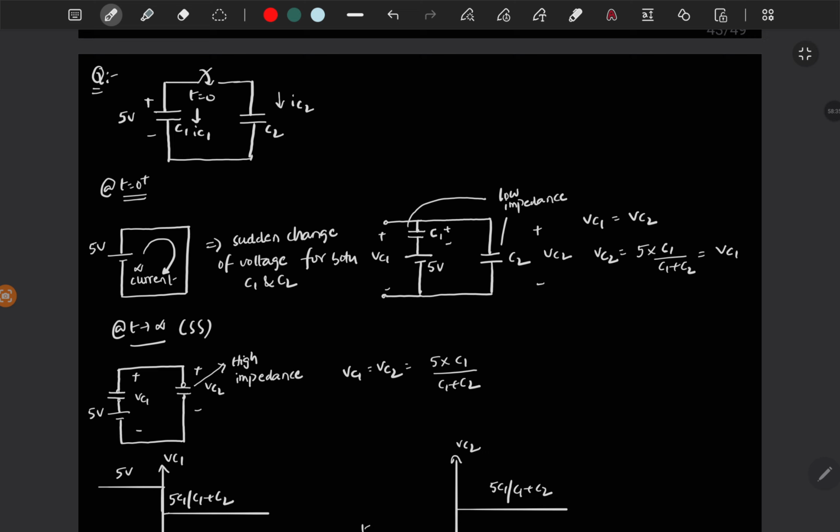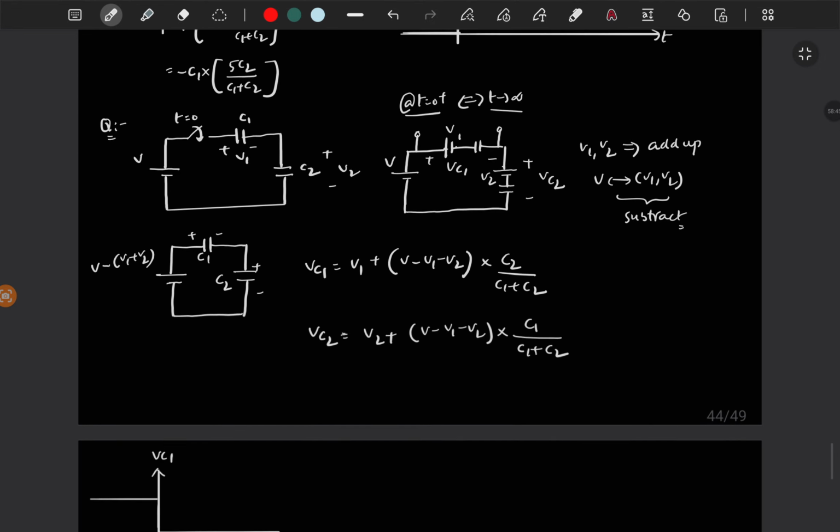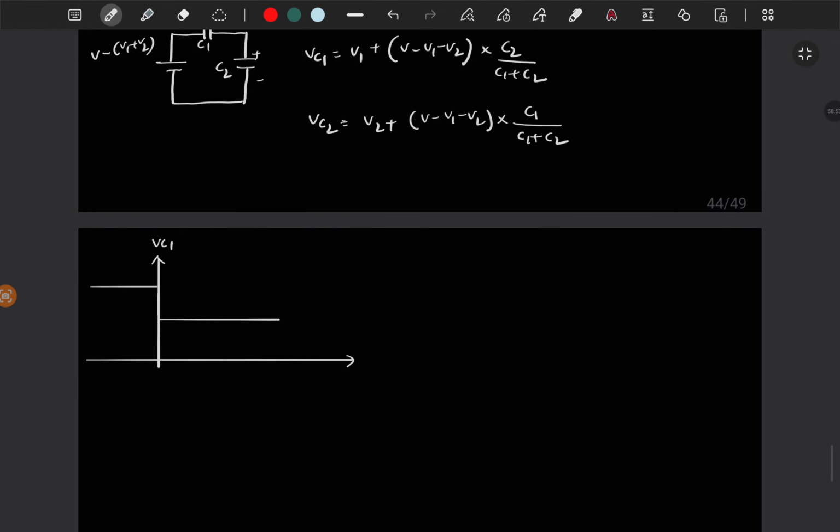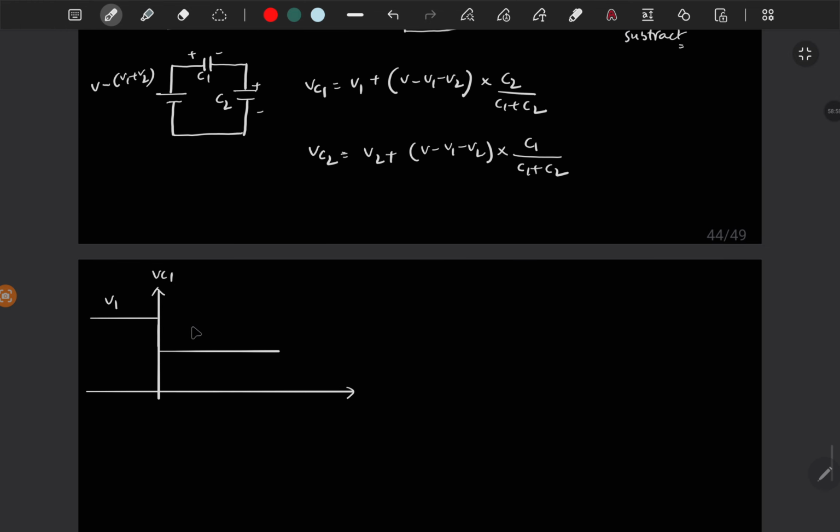So if you just connect both the capacitors with any initial voltages, then you will get the same final voltage, but not in this case. If you connect with some external voltage, you may get different voltages. It depends on the capacitors and initial voltages. So this is V1 and this is VC1 of infinity, and this is VC2 of infinity.